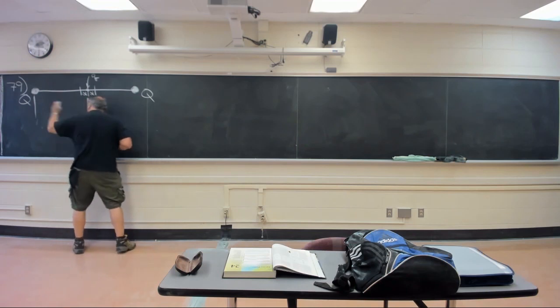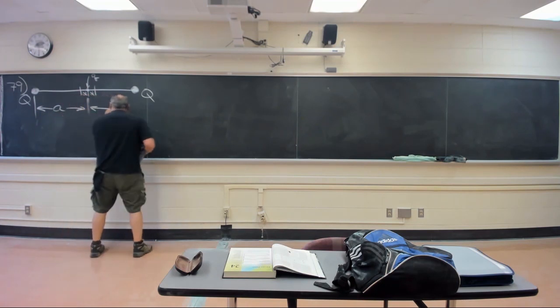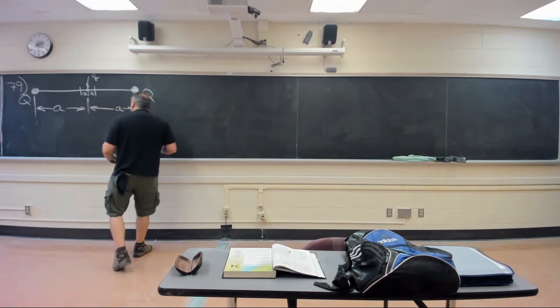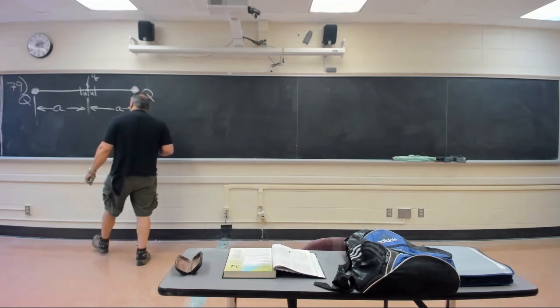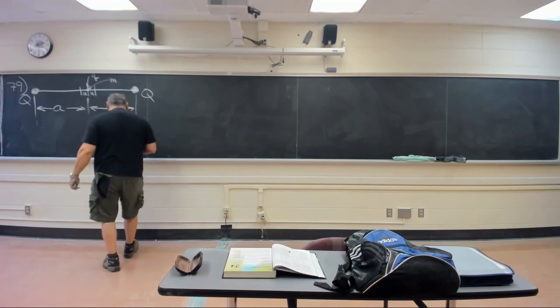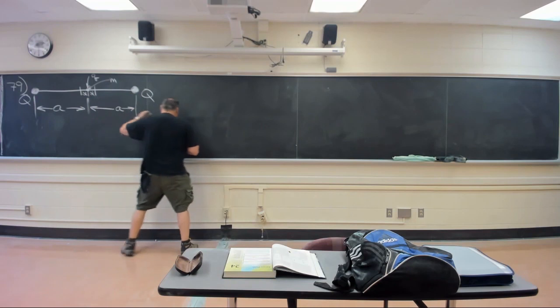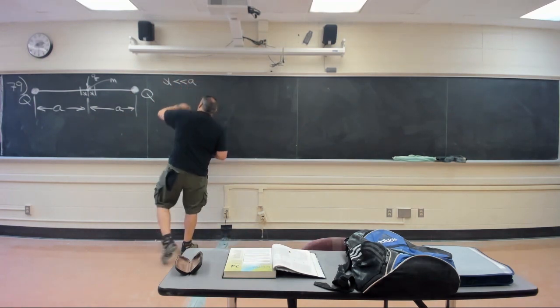This goes from 0 to negative a; that distance is a. And this is also a distance of a, from 0 to a. The mass itself is small m. They're claiming this little x is really little compared to a.